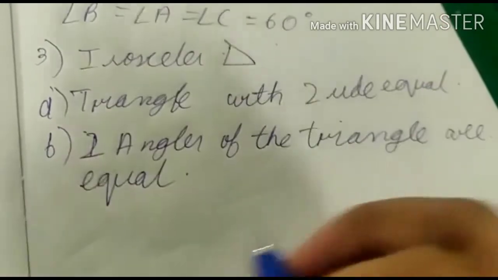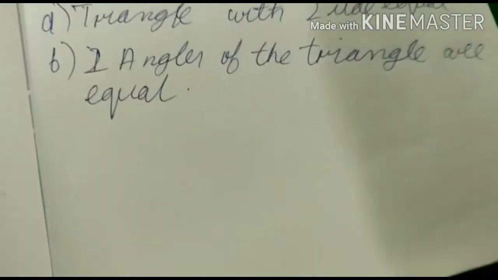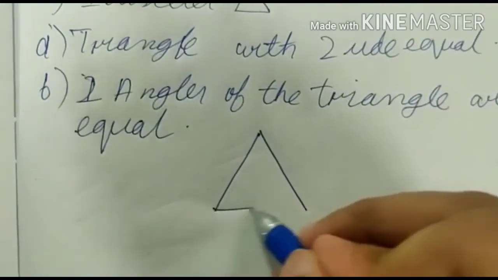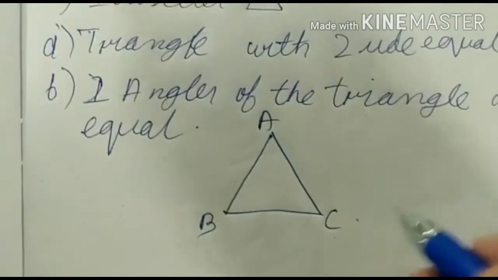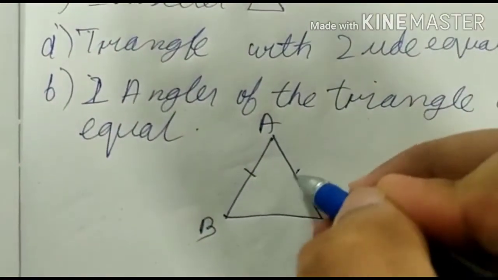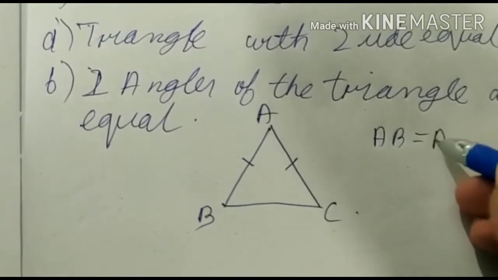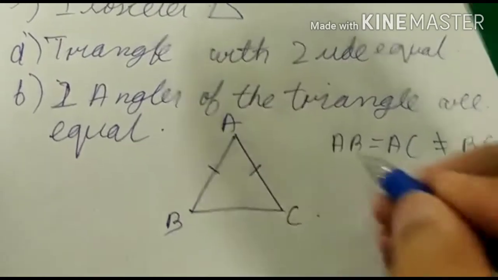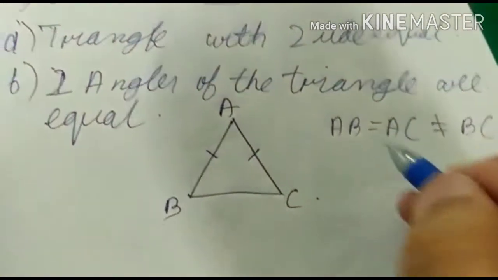What do I mean by this? Like this is a triangle, and this AB length is equal to AC length. AB is equal to AC. Okay, but this is not equal to BC. These two are equal, but the third side is not equal to it. Okay, the lengths of two sides are equal.